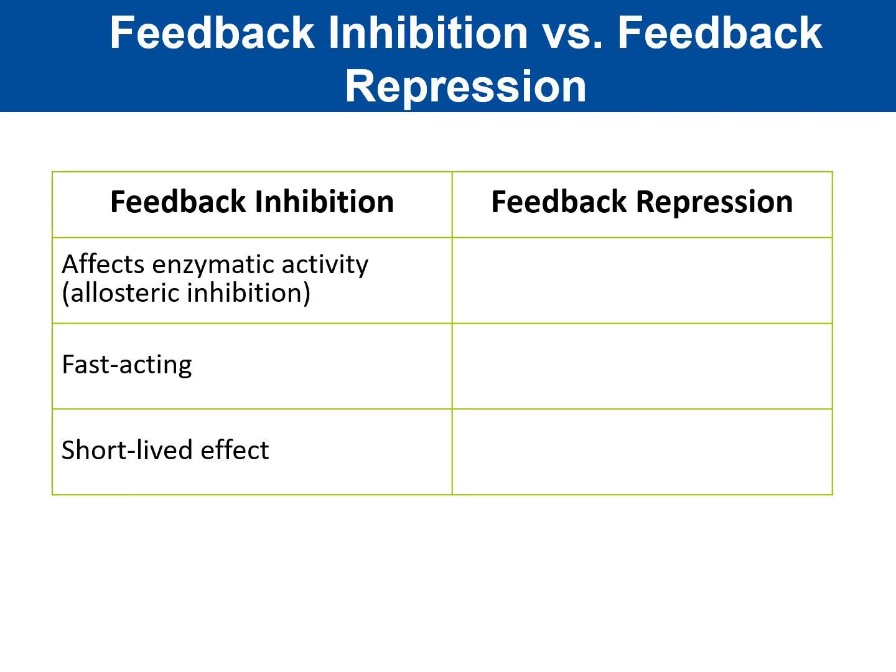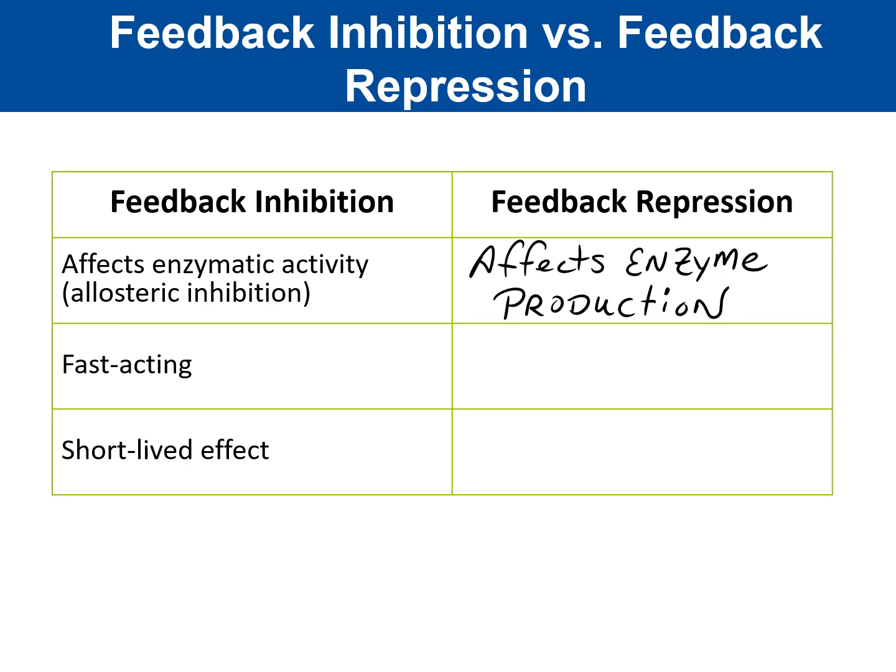So by comparison, feedback inhibition, as we just reviewed, affects enzymatic activity through something called allosteric inhibition. It's fast-acting and has short-lived effects. However, feedback repression does not simply affect enzymatic activity. Feedback repression actually affects enzyme production. And so that's like saying, well, do we produce these workers, do we hire these workers or not?